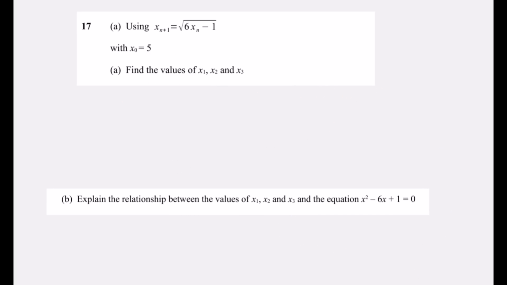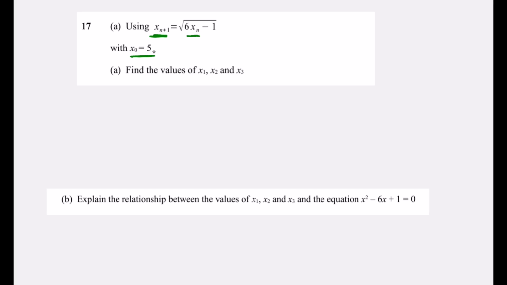Question 17. Using the iteration formula, x(n+1) equals the square root of 6xn, take away 1, with x0 equal to 5, find x1, x2, x3. So this notation, the x(n+1) and xn, means we find the next answer by substituting in the previous one.